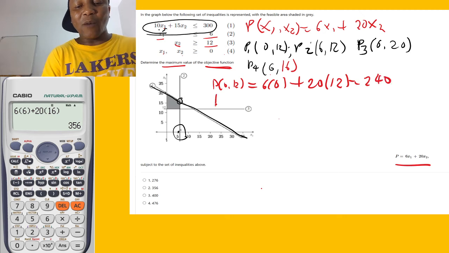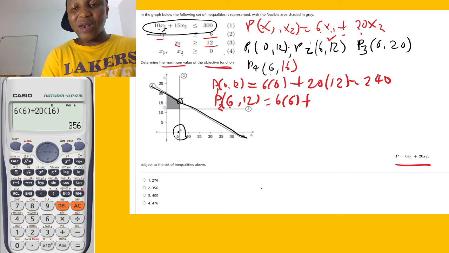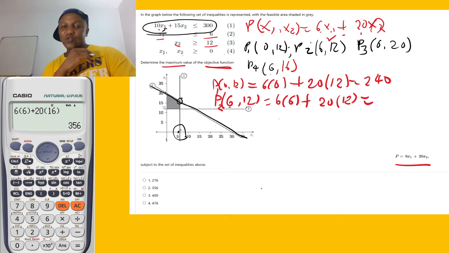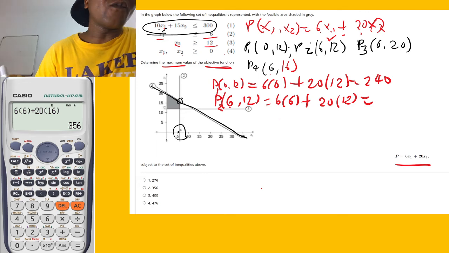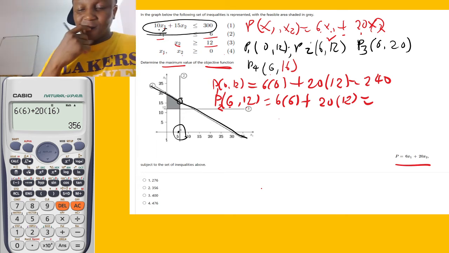Now we go for point 2, which is 6 and 12. So this is 6 times 6 plus 20 times 12, and you plug in the calculator, this gives 276.